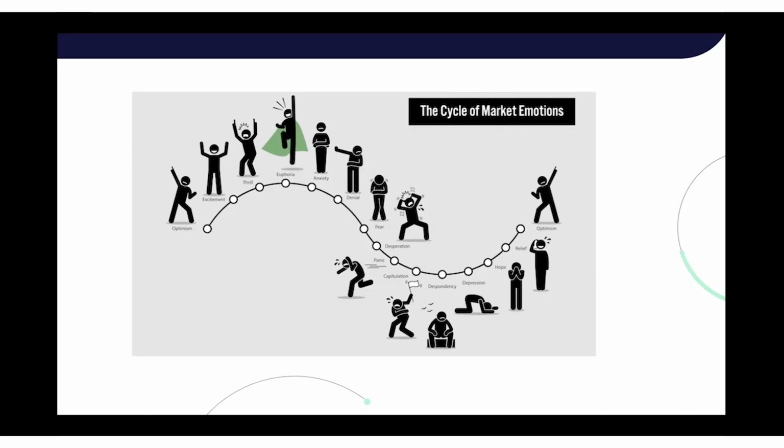Tomorrow you open a trade and you are profitable. This time you feel confident, you think you know everything about this market, and you become greedy. You start a position without checking your strategy, without getting all confirmations from your strategy, without risk management. Definitely after that, anxiety will come and you will go to fear. You will lose all of your money.